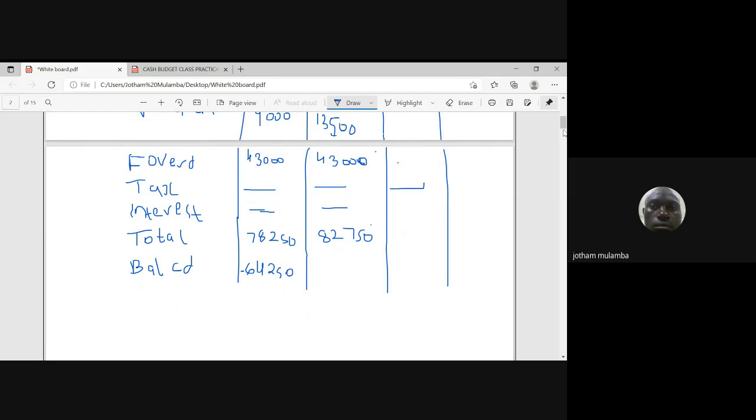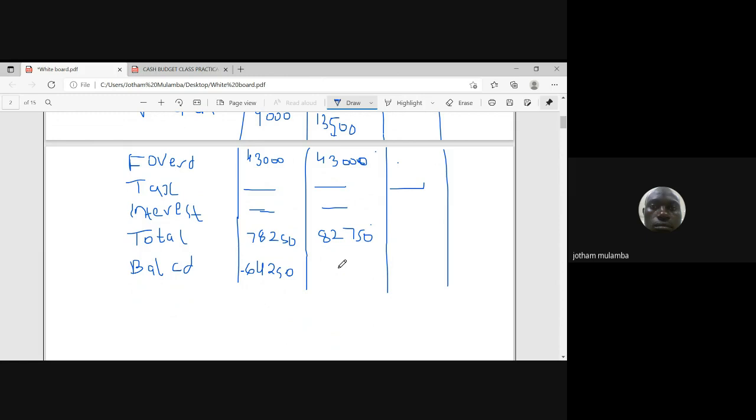Okay. So now we are doing negative 1,250 minus 82,750. Minus 81,500? No, it can't be 81,500.